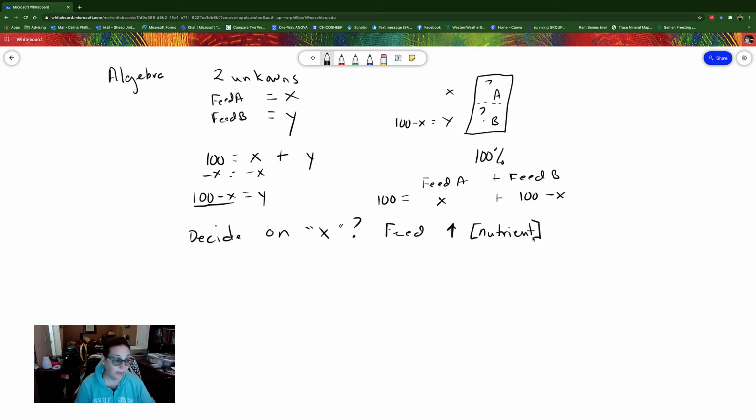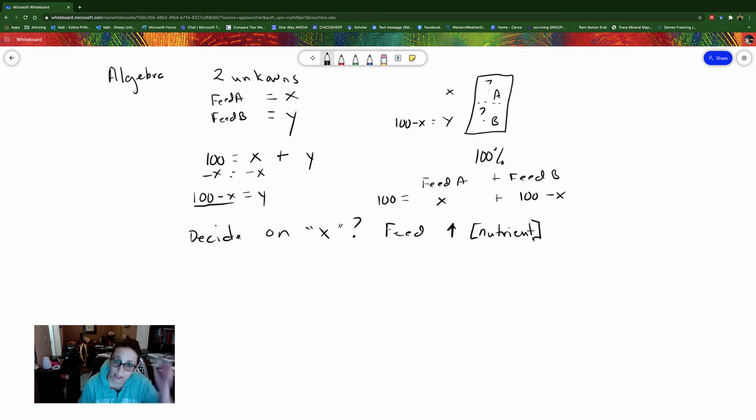So if you're solving for protein, X is going to be the feed with the highest amount of protein. If you're solving for net energy, X is going to be the feed with the highest amount of net energy. If you're solving for calcium, it'd be the feed with the highest amount of calcium.